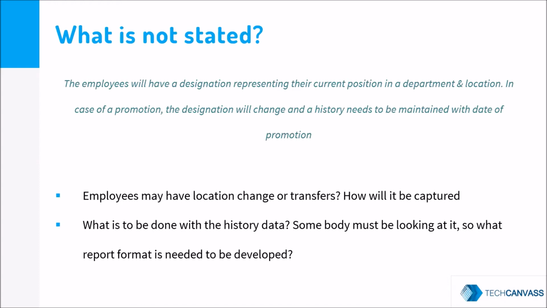If yes, what is the format of the report? As you can see, in a simple requirement of 2 sentences, we can see the possibility of 2 hidden requirements. Imagine a full-fledged requirement for a software system. How many such implicit requirements can exist?